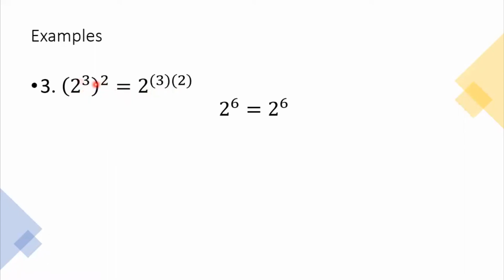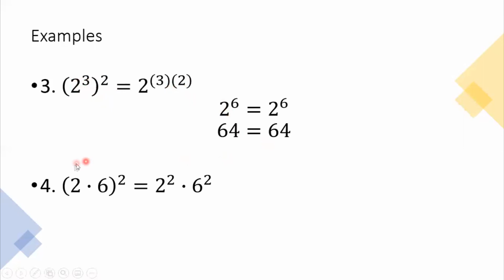By applying this formula, this is equal to 2 raised to 3 times 2, which is 2^6. Or in other words, first you solve 2 cubed, which is 8, then 8 squared is 64. And this is also 64.